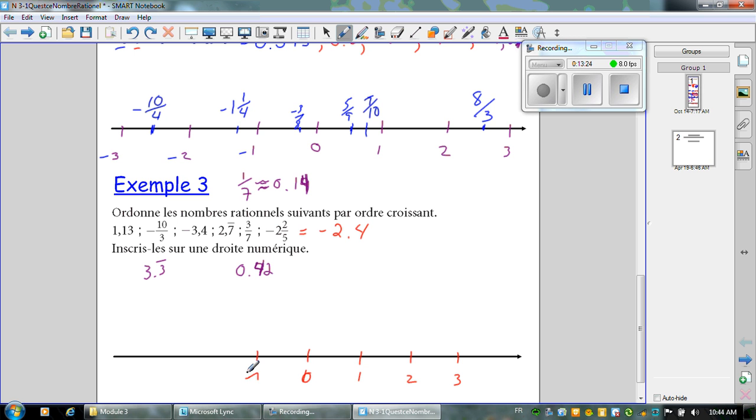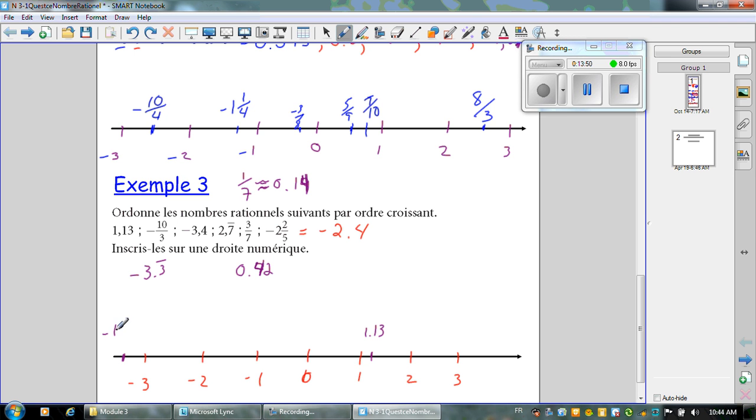Don't forget my negatives this time. -2, -3. All right, let's place these. 1.13, just right after 1, would be around here.